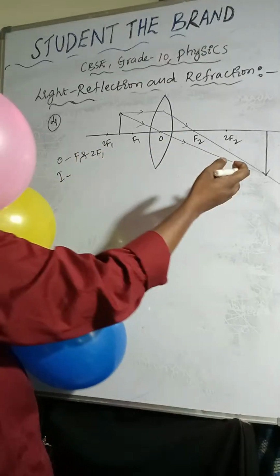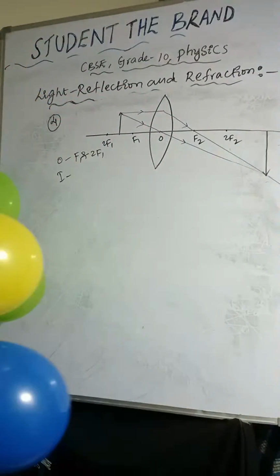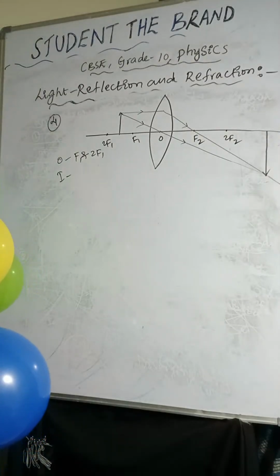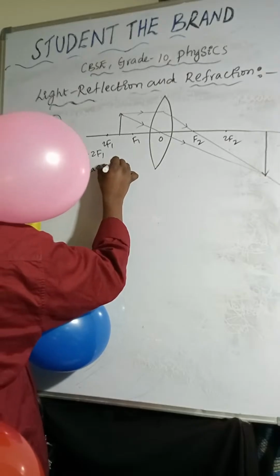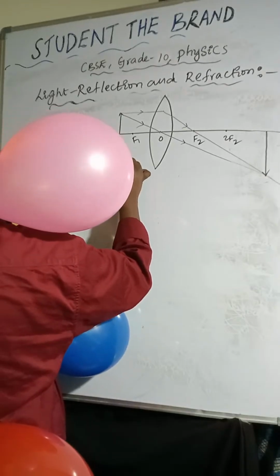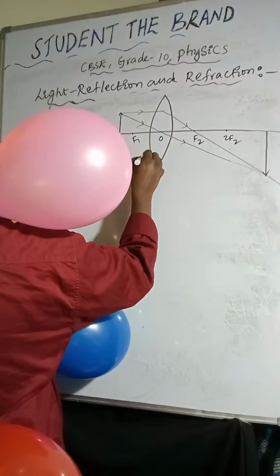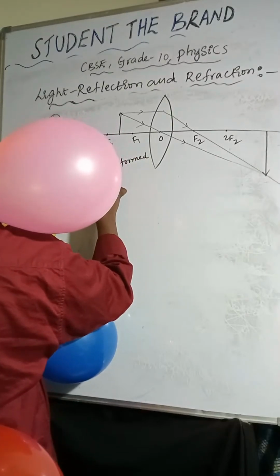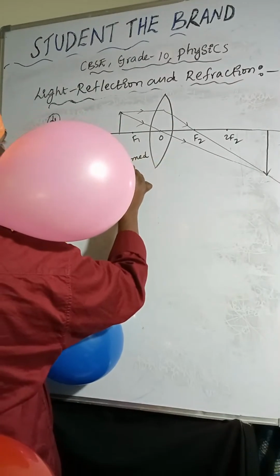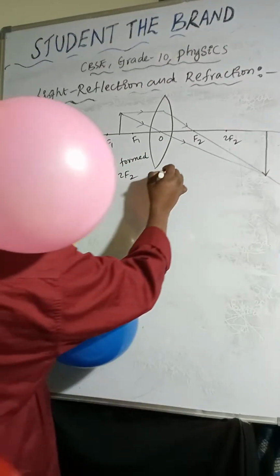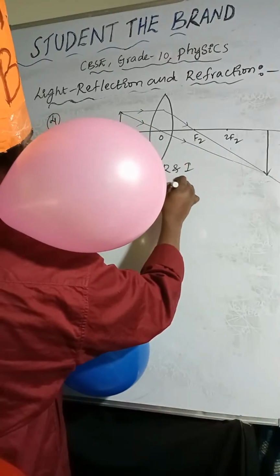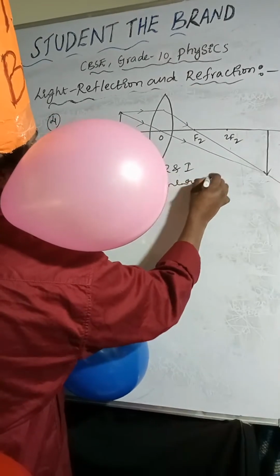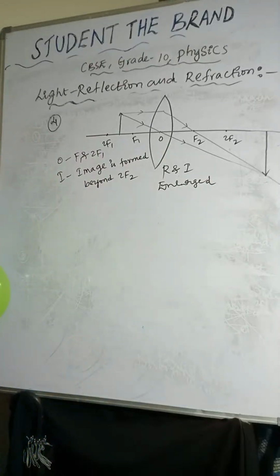Image is formed beyond 2F2. Nature of the image is real and inverted. Size of the image is enlarged; compared to the object, image size is increased.